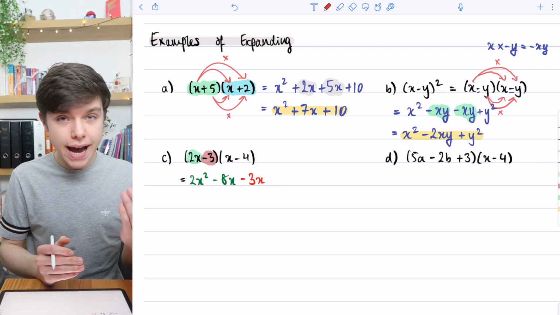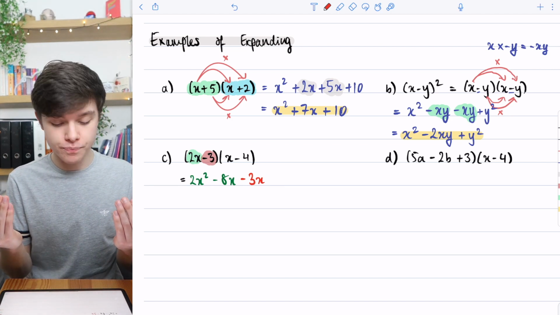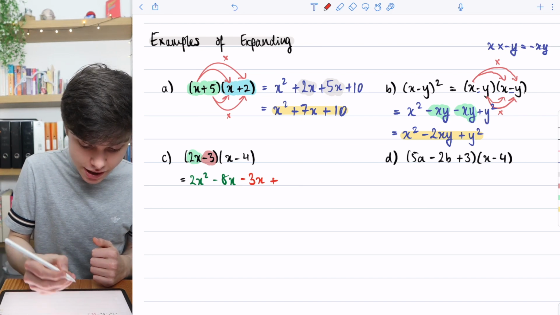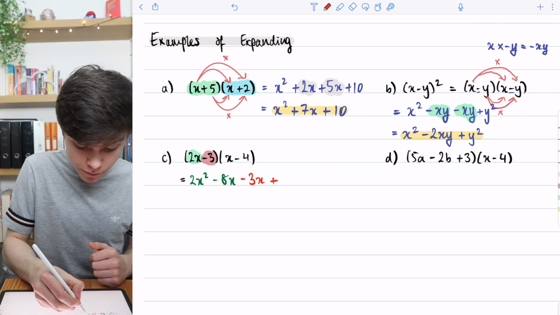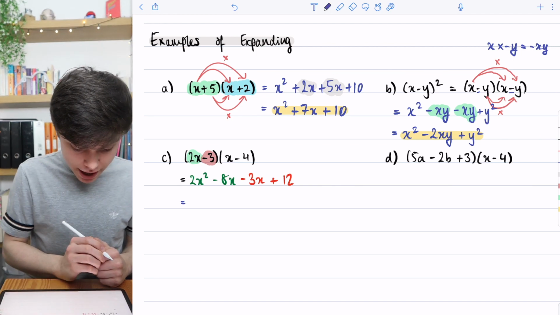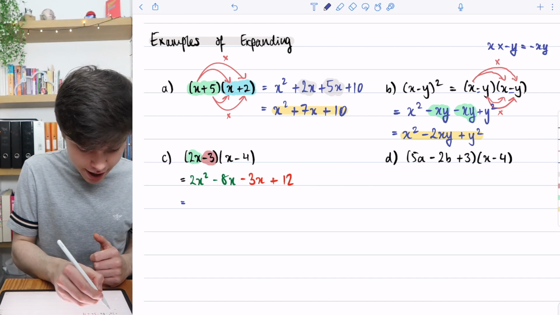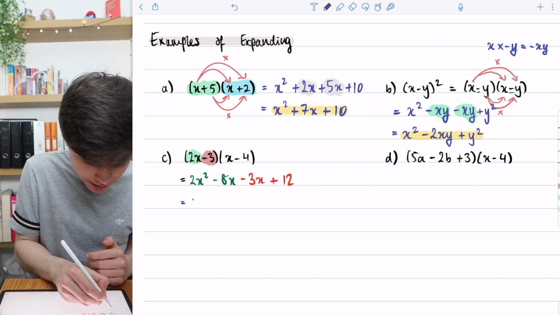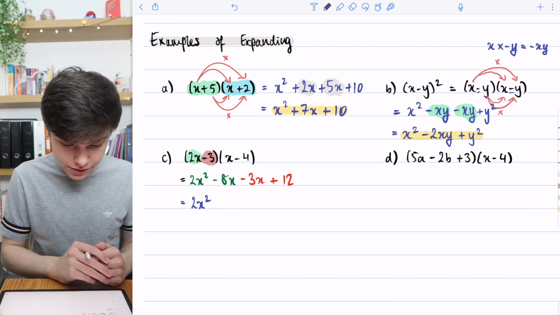And then I need to do the minus 3 with the minus 4. So we need to do minus times a minus, which will give me a plus, and then 3 times 4 will give me 12. And then we're going to go back to my blue, and I can collect like terms here. I've only got 2x squared, there's no other terms with an x squared, so that will just give me 2x squared.